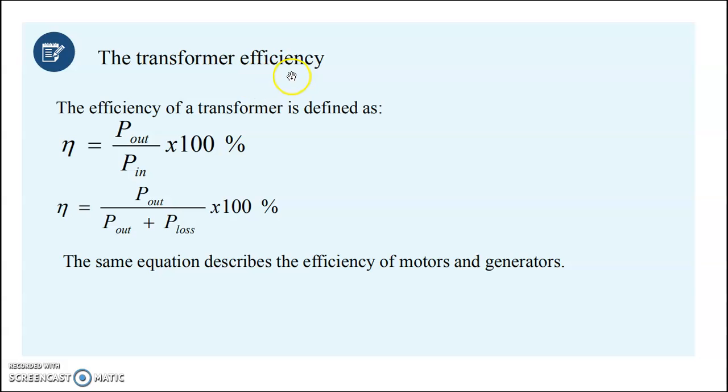Next, the transformer efficiency. The efficiency of a transformer is defined as efficiency equal to P_out over P_in times 100%, or can be declared as P_out over P_out plus P_loss times 100%. The same equation describes the efficiency of motors and generators.